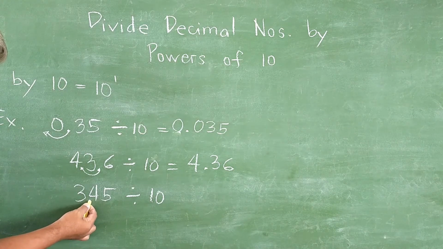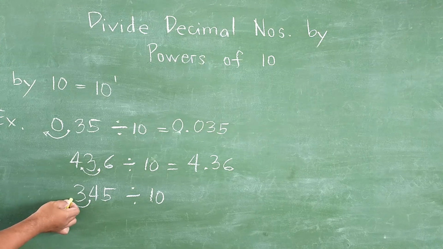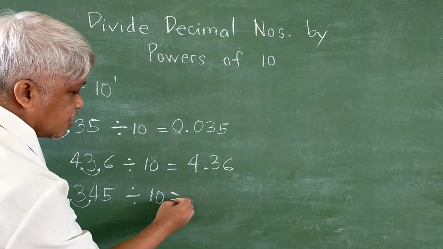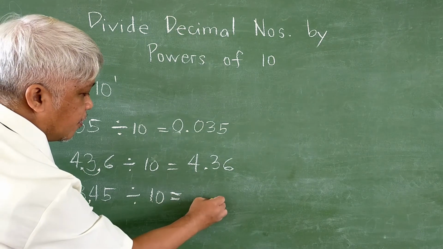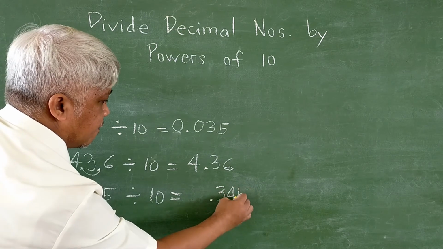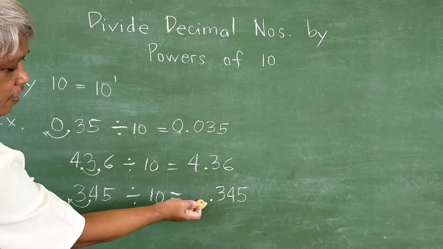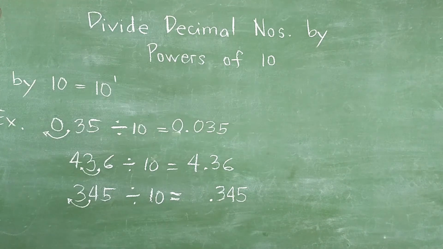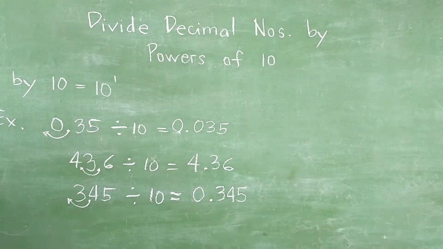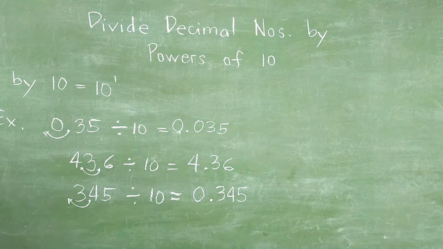So, mangyayari, yung point mapupunta dito sa unahan ng 3. Ibig sabihin, this is now equal to 0.345. So, wala tayong number before the decimal point. Ano nga ilalagay? Yun, 0 is the answer. So, therefore, it is now 0.345 or 345 thousandths. Ayos? Ayos.